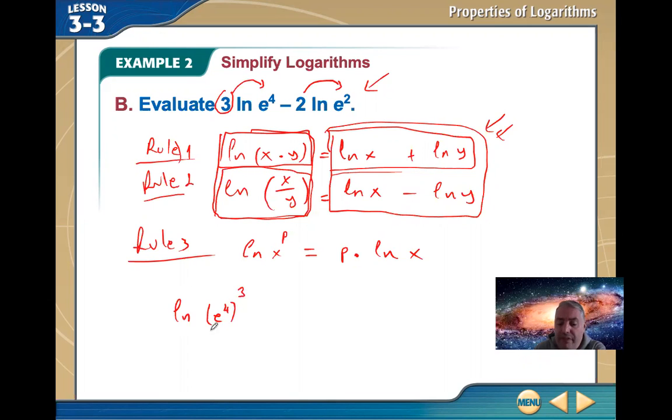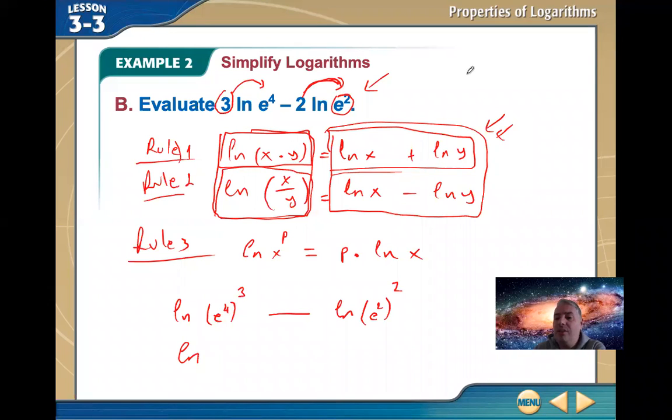Normally, if I have only this, it is equal to 3 times ln e to 4. Minus, if I take the 2 back, it will be ln e to the power of 2 to the power of 2. This 2 is the power, it comes there. So it will be ln e to the power of 4 to the power of 3.